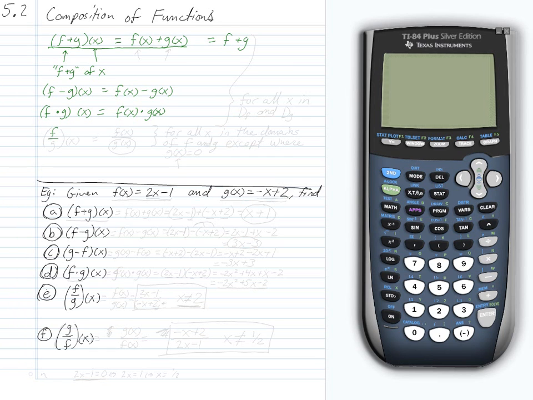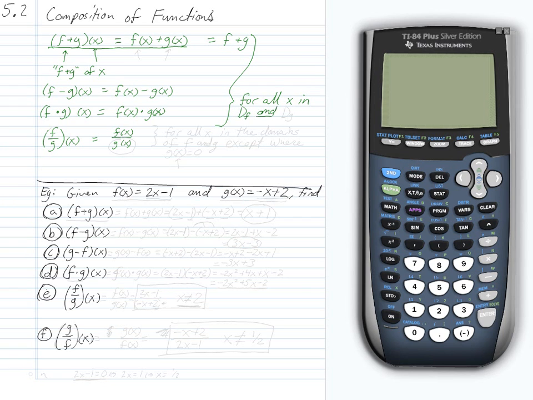And f over g of x would be something like f of x over g of x.